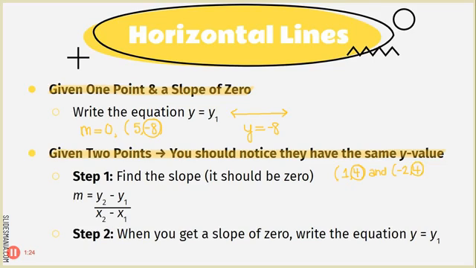When you find your slope, your change in y over change in x, my change in y would be 4 minus 4, and my change in x would be -2 minus 1. So I get 0 over -3, which is 0. So I get a slope of 0, and my equation is always y equals the y value of my ordered pair. Notice both y values are 4, so it's y equals 4.